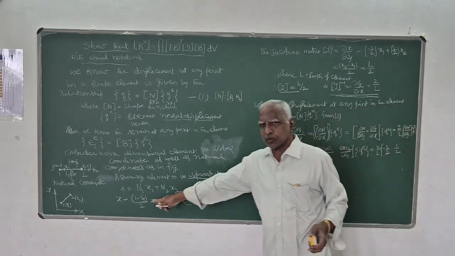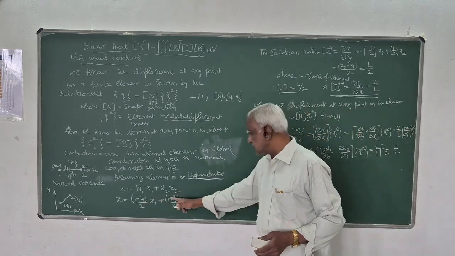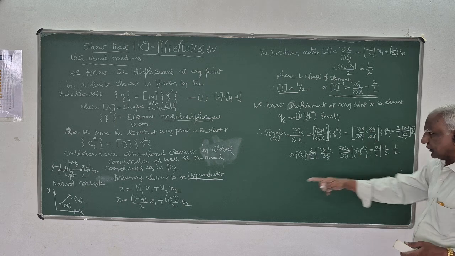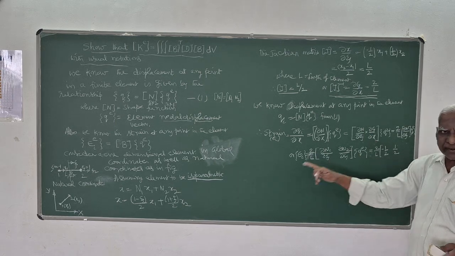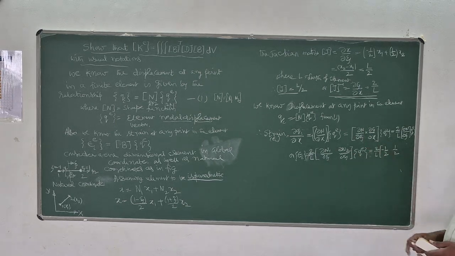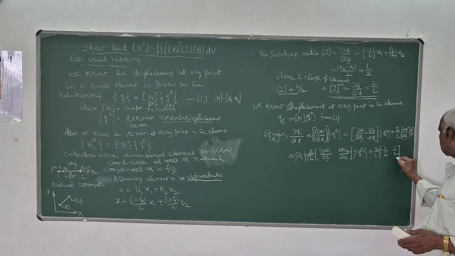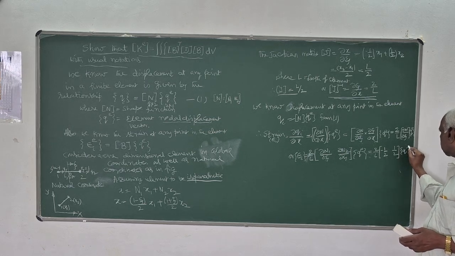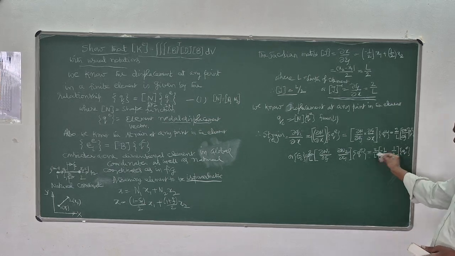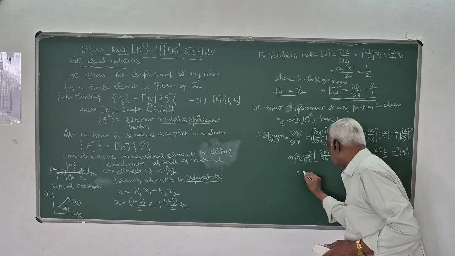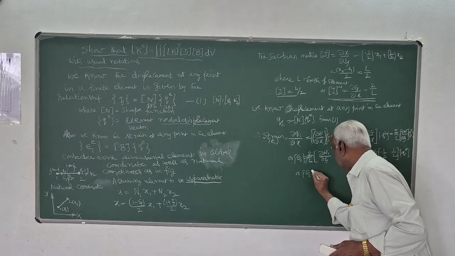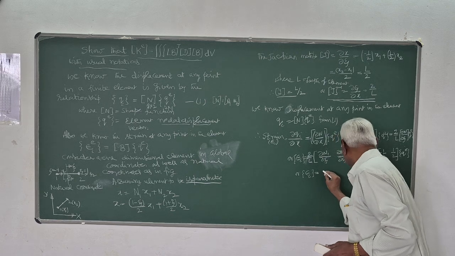Because n1 is 1 minus xi by 2, n2 is 1 plus xi by 2. If you differentiate 1 minus xi by 2 and 1 plus xi by 2, you will get this. So this is QE.